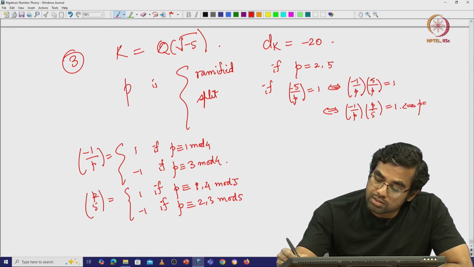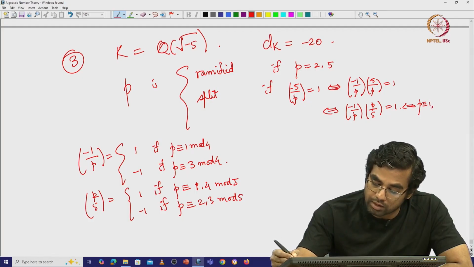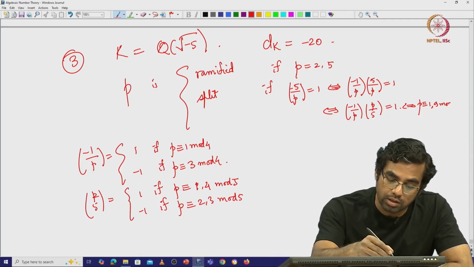So if they are both 1, then 1 mod 4 and 1 mod 5 is 1 mod 20. 1 mod 4 and 4 mod 5 is 9 mod 20.